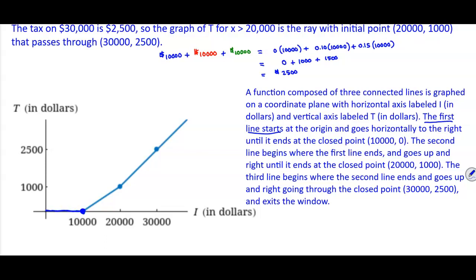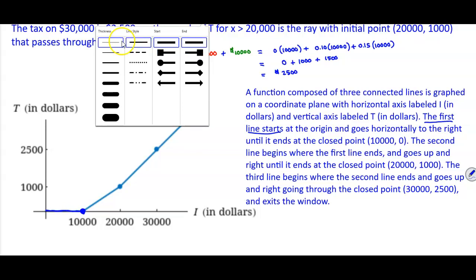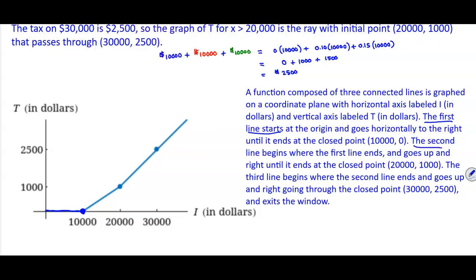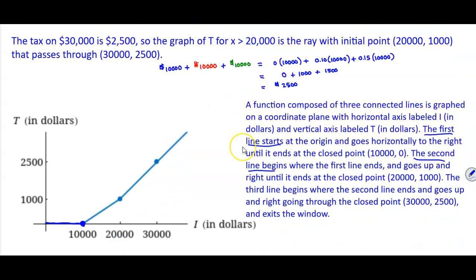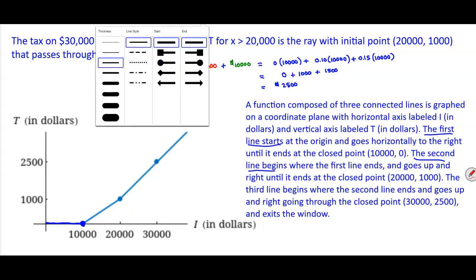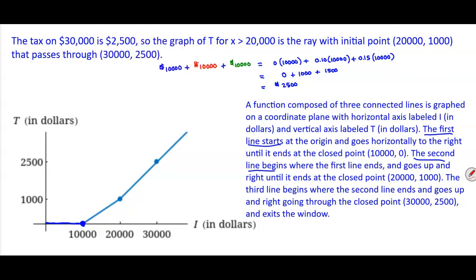Then our second line segment tells us that we are being taxed $1,000 on that $20,000. So it is going to go up from this point to (20,000, 1,000).